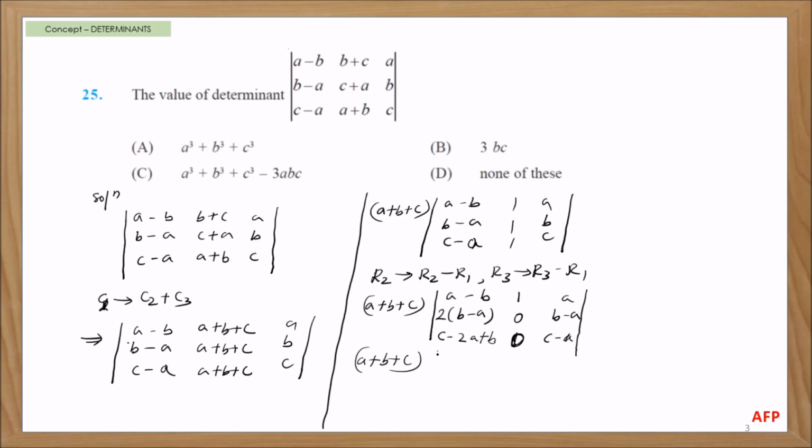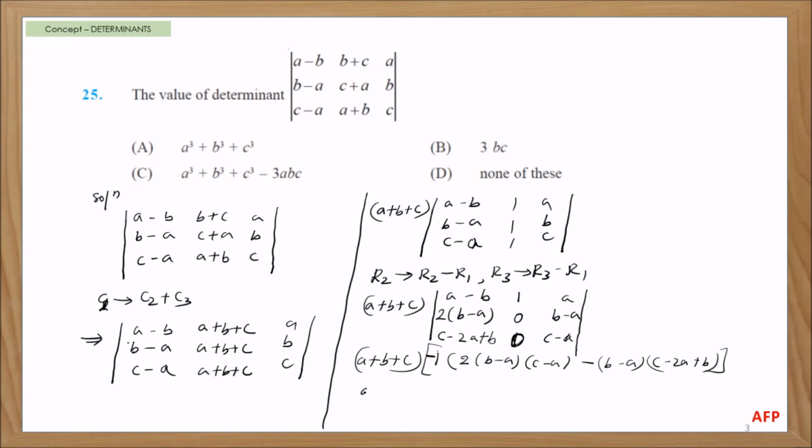Expanding along the second column, 1 as it is. If we cancel this row, this is minus 1. So 2 times b minus a, c minus a, and here b minus a, c minus 2a plus b.